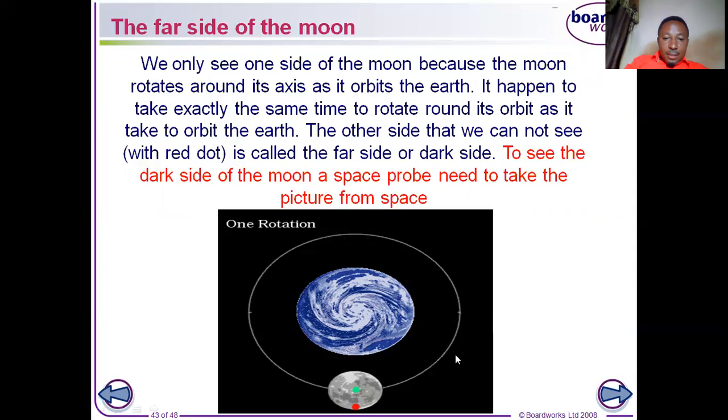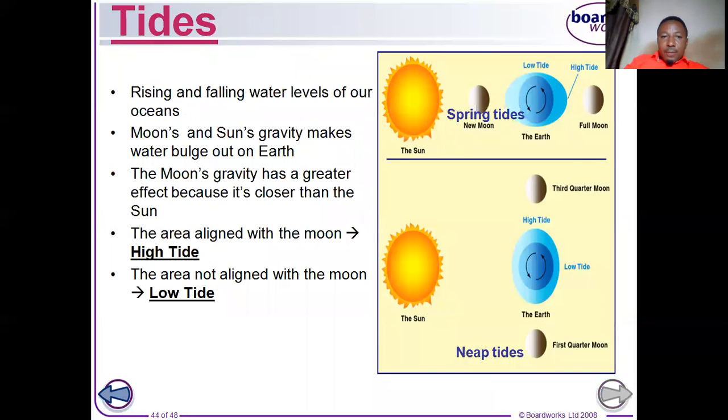All right. So like I said, the reason is because the rotation about the axis of the moon and the revolution about its orbit around the Earth are at the same speed. So that's why we see only one side of the moon. All right, let's move ahead.